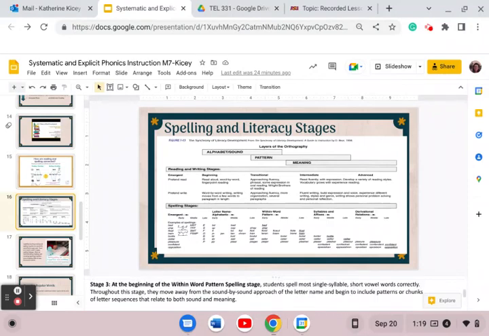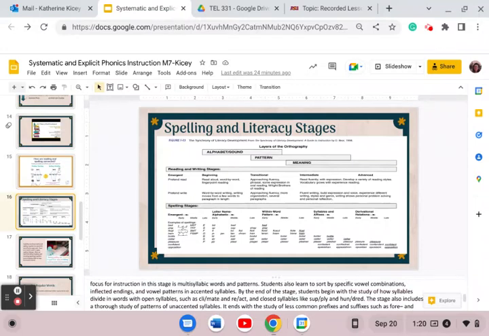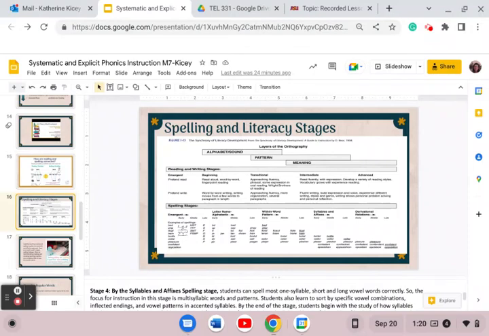Stage 3 is the beginning of the within word pattern spelling stage. Most students can spell single syllable or short vowel words correctly, and they're learning the different rules of spelling and learning how to pattern or chunk different letter sequences. Stage 4 is the syllable and affixes spelling stage.